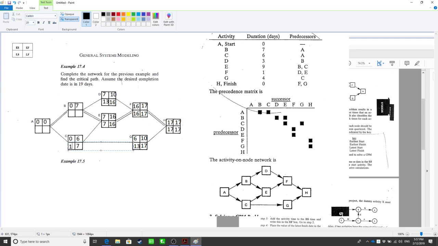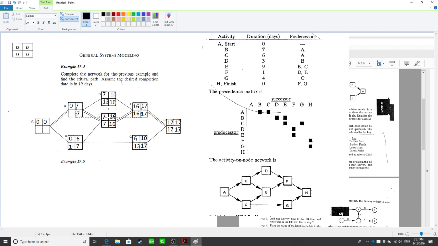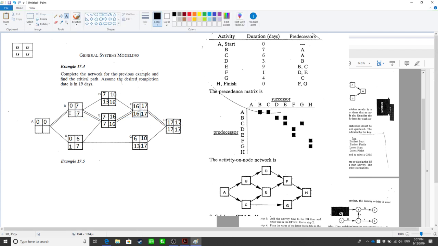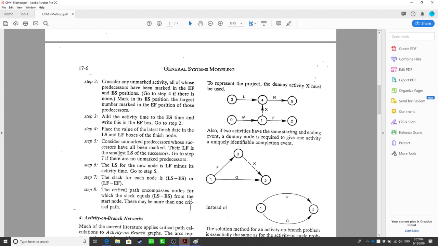So it's gonna be 1 here. And for this one, it's gonna be 7. And since it takes 7, it's gonna be 0. Yeah. Okay.